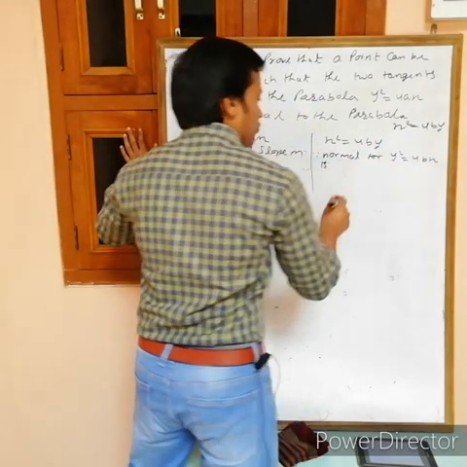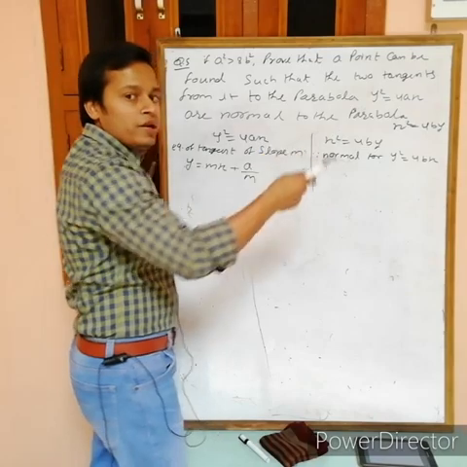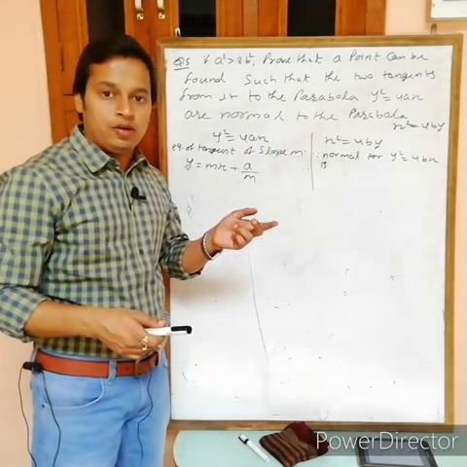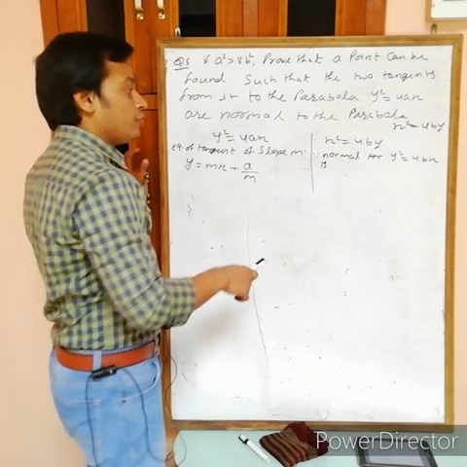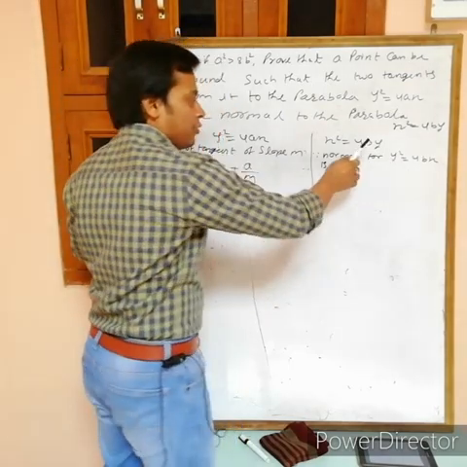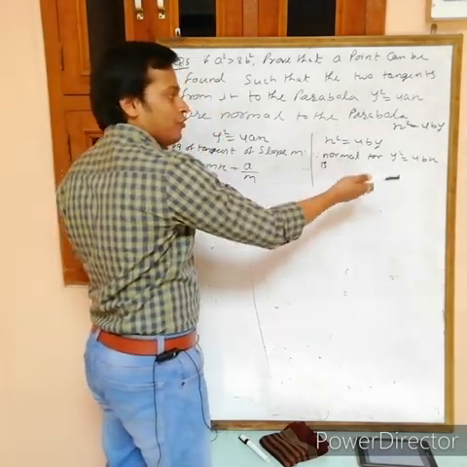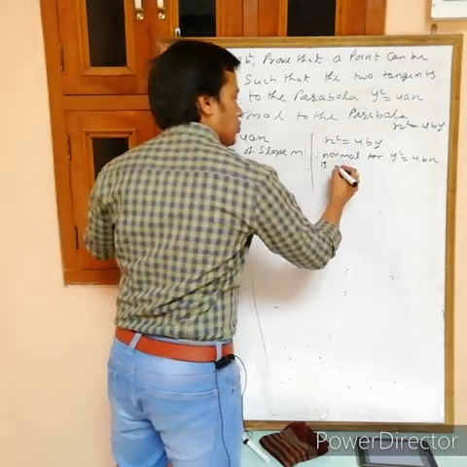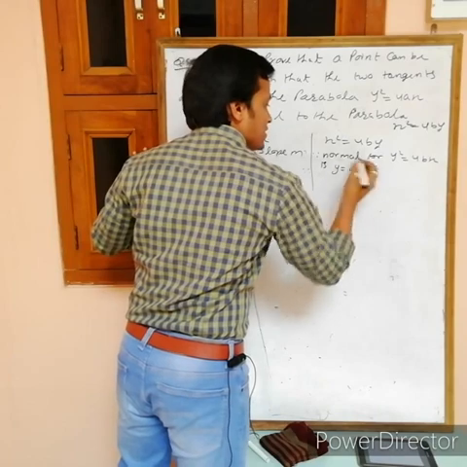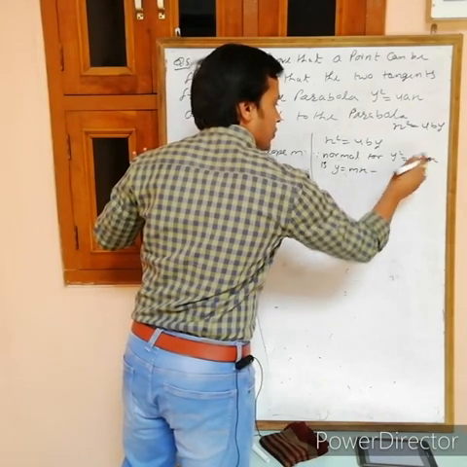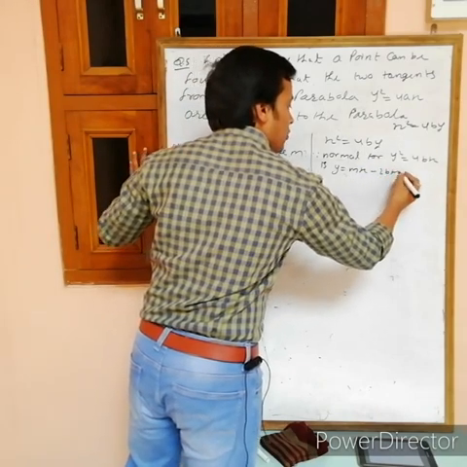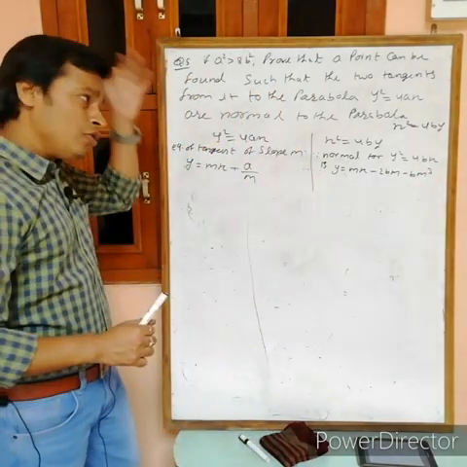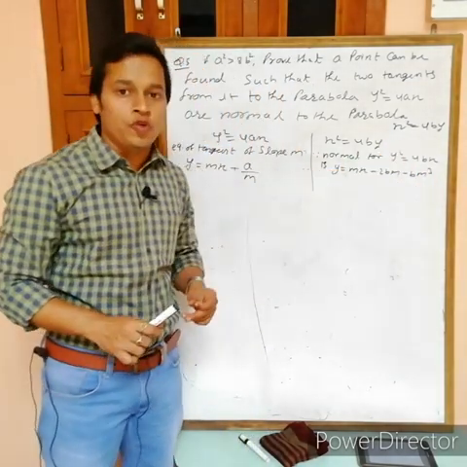We didn't have the formula for x square equals 4by, now we have the formula for y square equals 4bx. Remember, I am doing this to convert the normal of this one to the normal of this one. So y equals mx minus 2am, but a is b, so 2bm minus bm cube. This is the normal for y square equals 4bx.